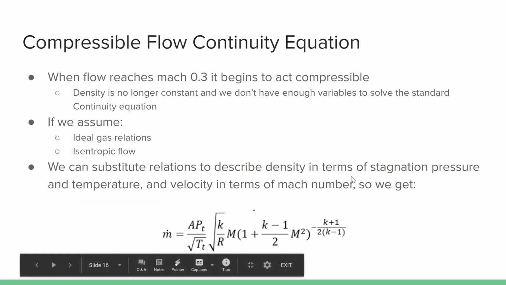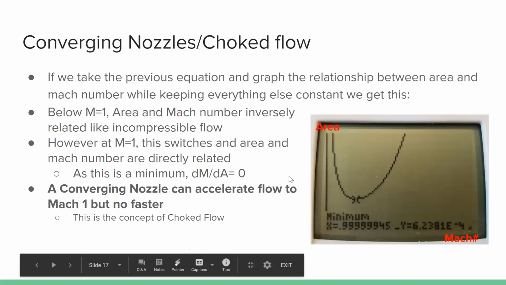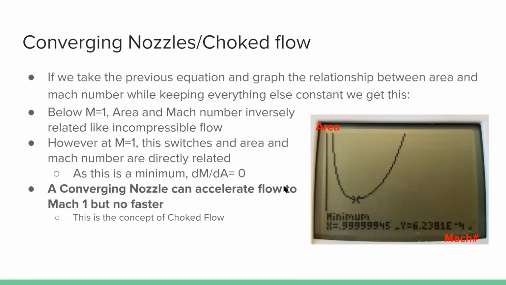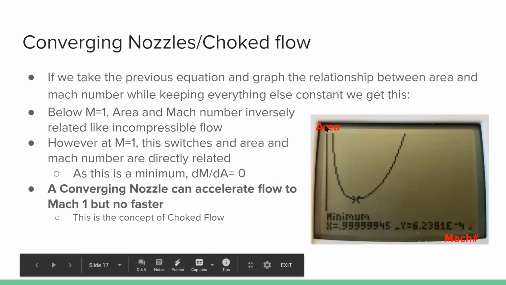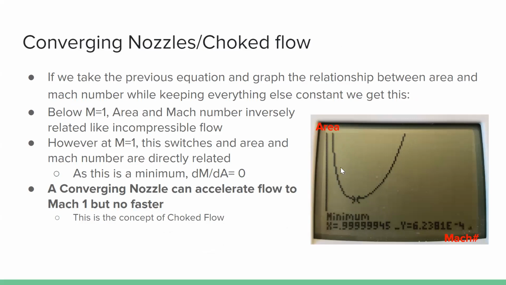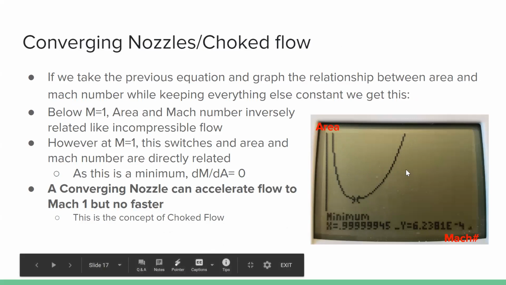And everything else here, this pressure, this temperature, gas constant, all this stuff I kept constant. And I actually think I used the values of those from the regen engine. So as Arun was just saying, you get a parabola. So for every area, there are two Mach numbers.